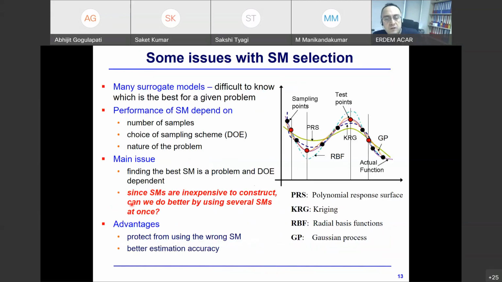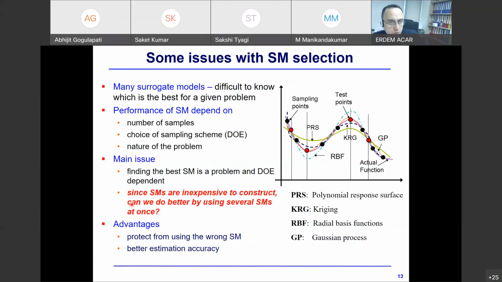See, when we want to use surrogate models in our optimization problem, then the question to ask is, which surrogate model do I have to use? Because there exist many surrogate models.